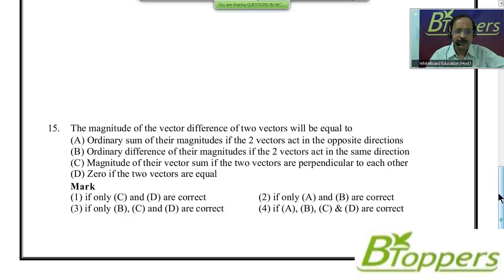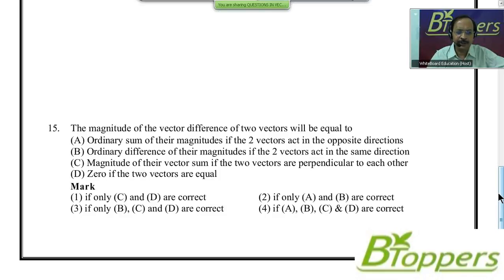Second option, B, ordinary difference of their magnitudes if the two vectors act in the same direction. Third option, C, magnitude of their vector sum if the two vectors are perpendicular to each other. Fourth option, D, 0 if the two vectors are equal.